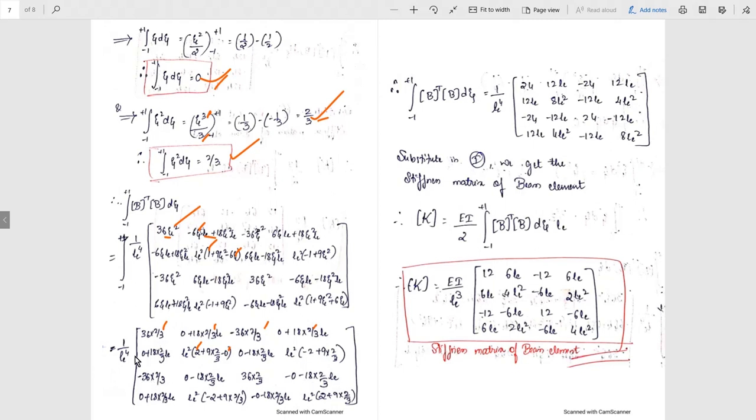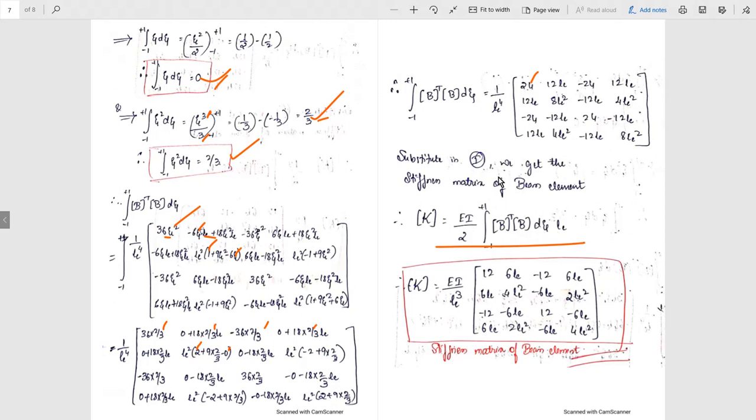When you substitute and simplify, 36 into 2 is 72, 72 by 3 is 24. Here 18 into 2 is 36, 36 by 3 is 12, and there is LE, so 12 LE. So go on doing it. This is the expression for the integration from -1 to +1 of B transpose B d xi. Next we are interested in K equal to EI by 2 times integration of B transpose B d xi into LE.